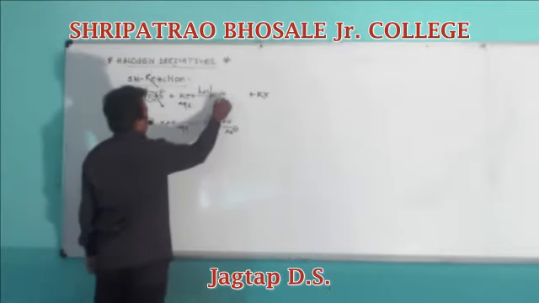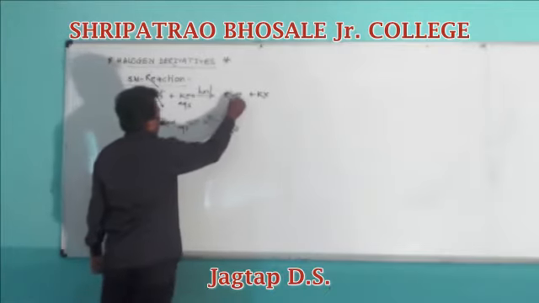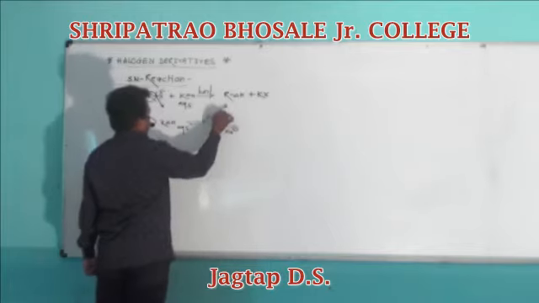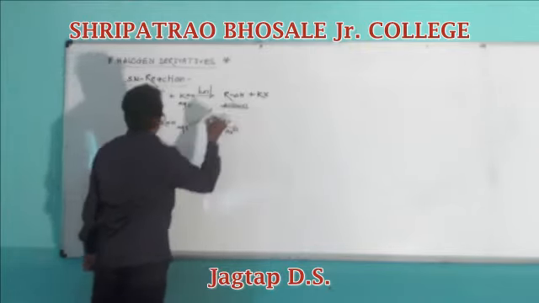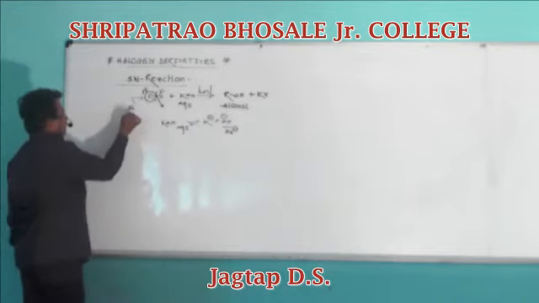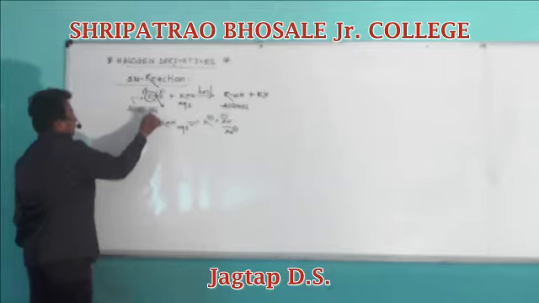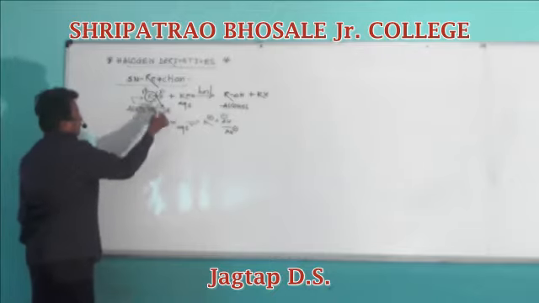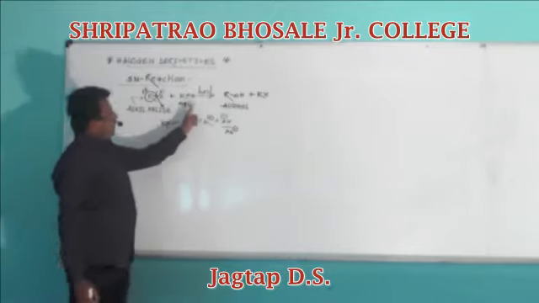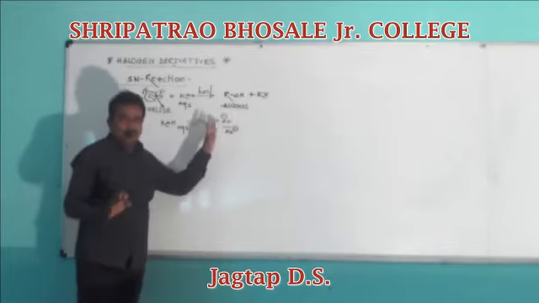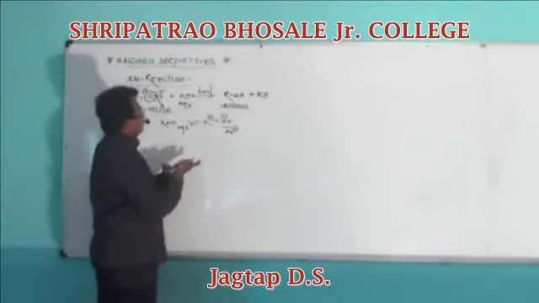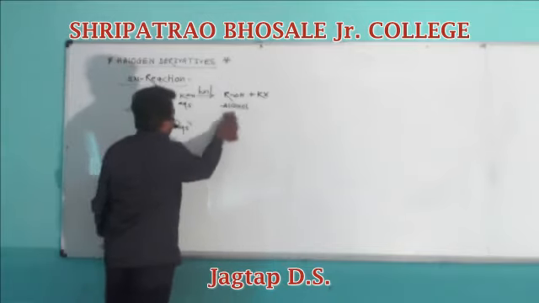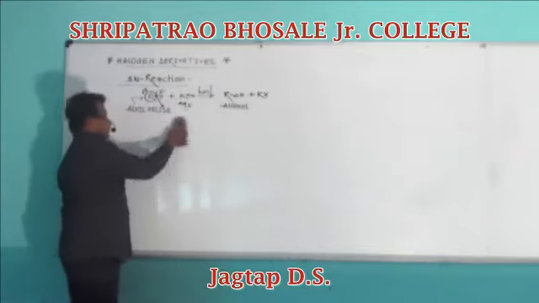The product may be R-OH, that is alcohol. Starting material alkyl halide may be converted into monohydric alcohol. Monohydric alcohol contains only one hydroxyl group in its molecule.